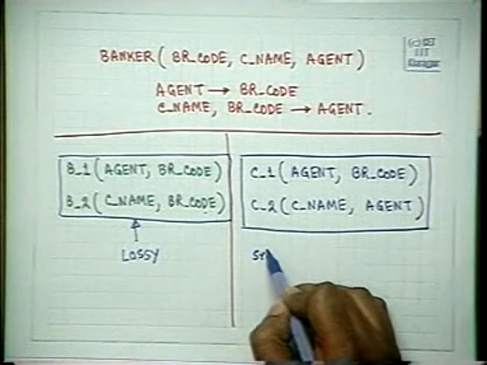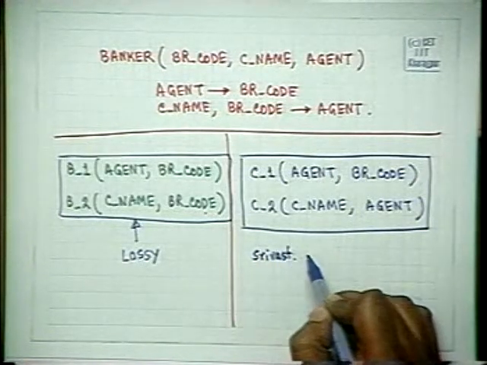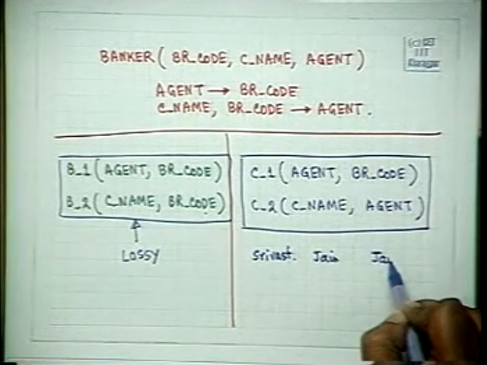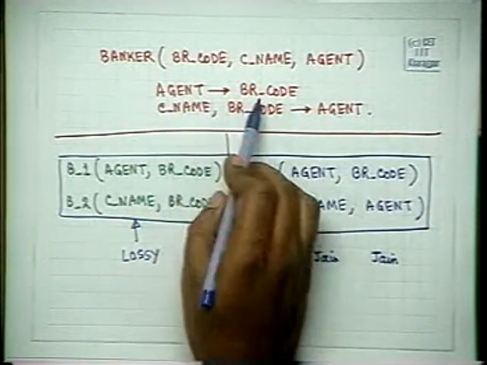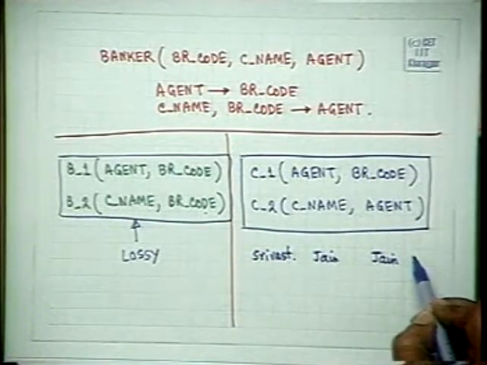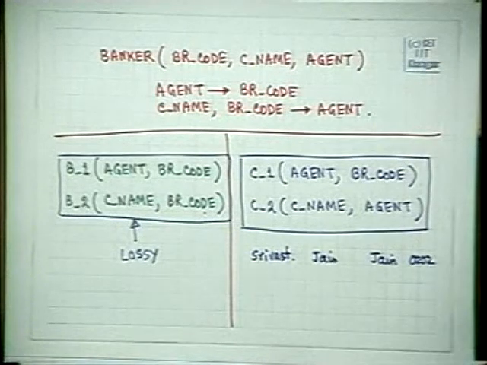Say Srivastava had agent Jain, and we know that a particular agent works only in one branch. So if Jain works in 0202, then you will get Srivastava to be in 0202.